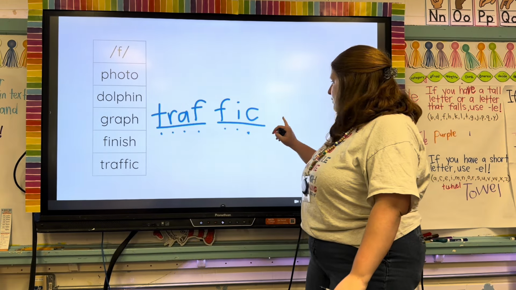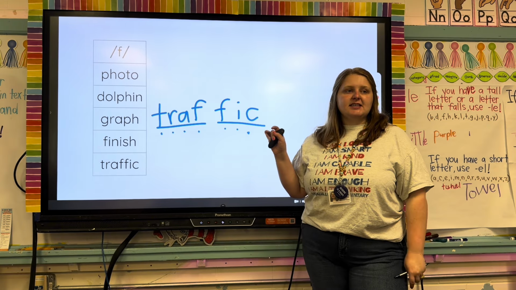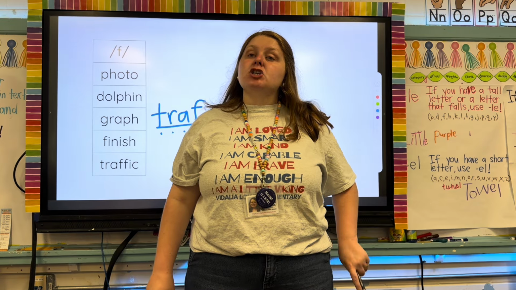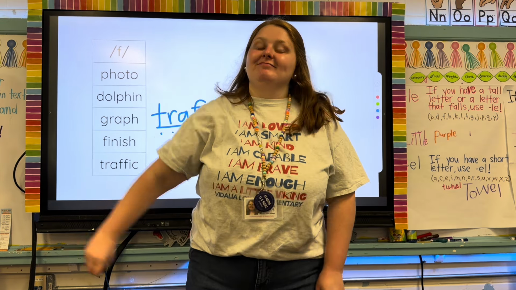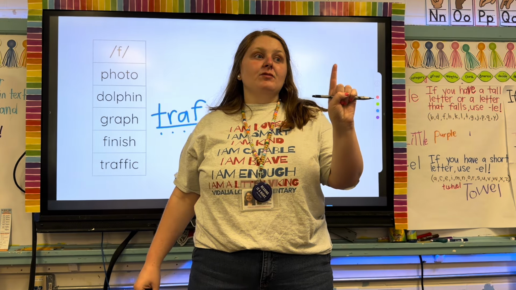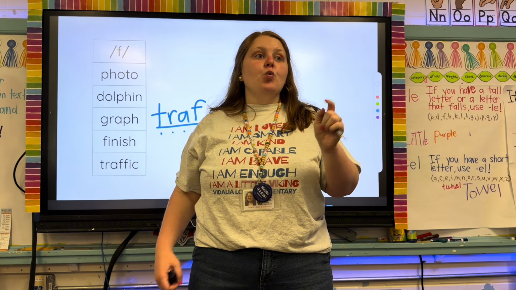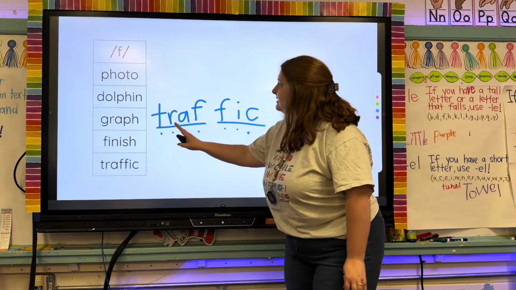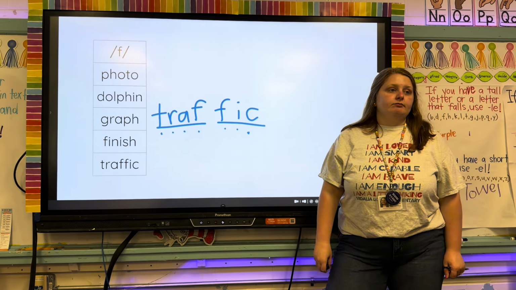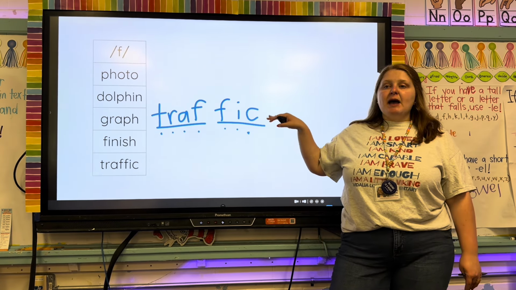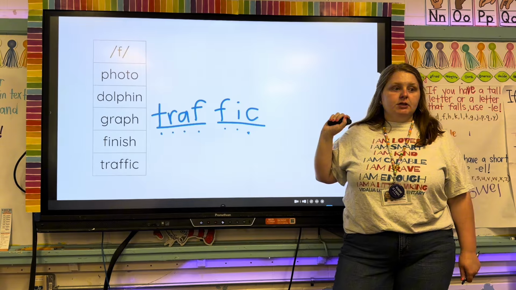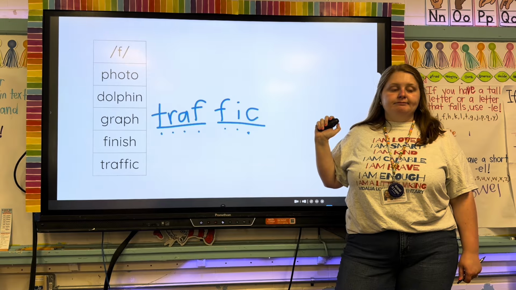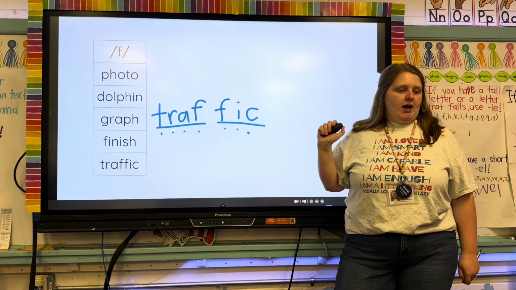Why do I only use a C here and not a CK? My duck rule is talking about one syllable words with short vowels. Is this a one syllable word? So does my duck rule apply here? No. Do I need to put a CK? No. Absolutely not.